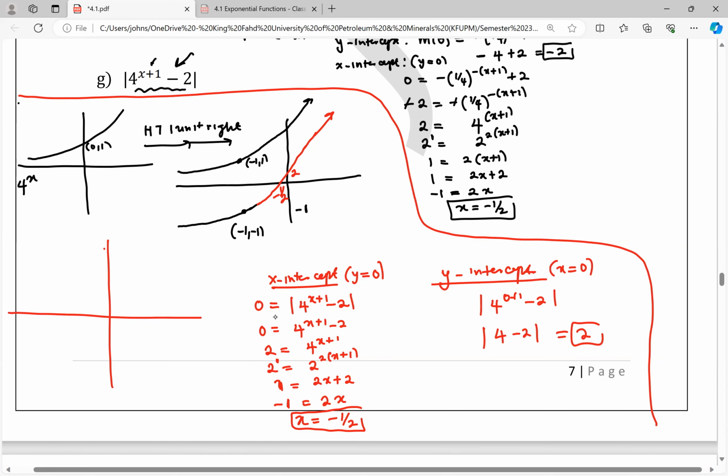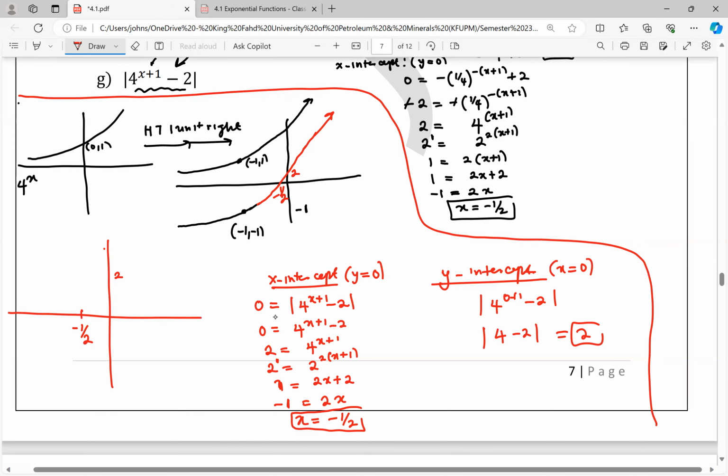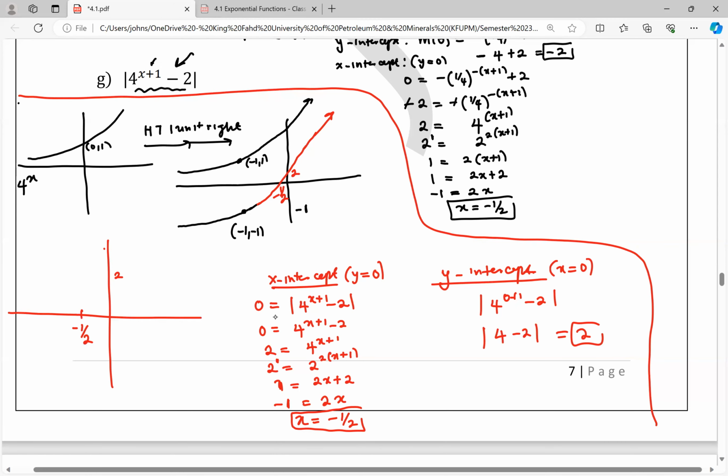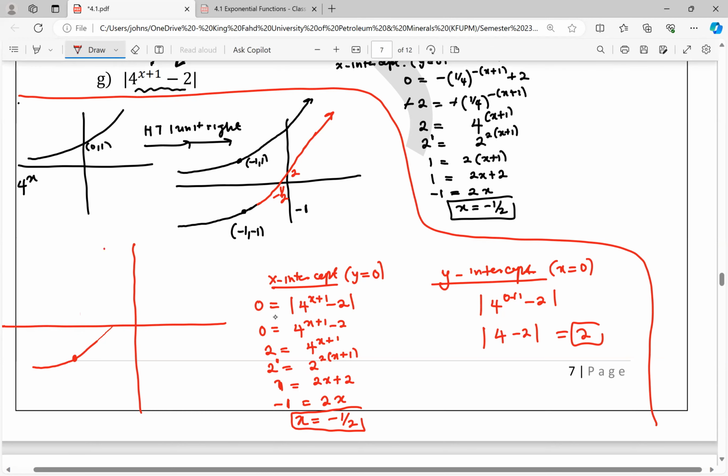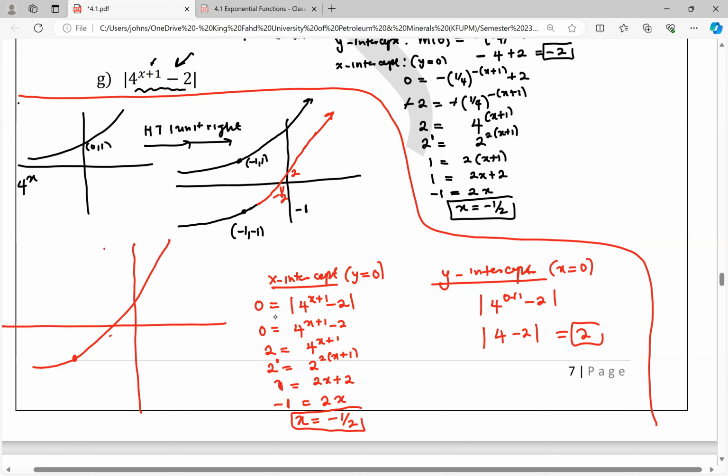It is cutting at minus half and also at 2. So we have something like this. So this is minus 1, 1, this is minus half and this is 2.